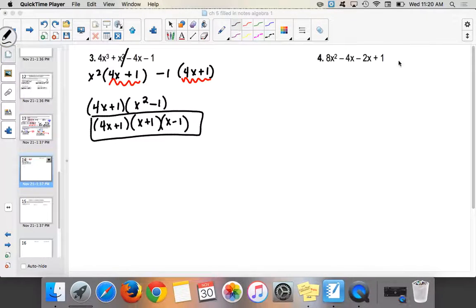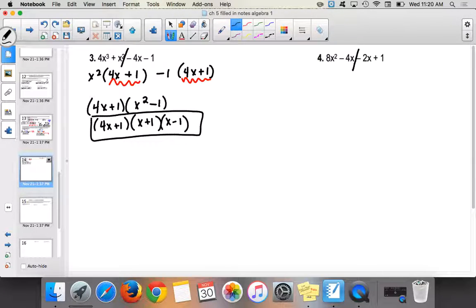All right, so if I have 8x squared minus 4x minus 2x plus 1, what I was saying is we split it down the middle, so go right in front of that sign, and momentarily we ignore this part right here. And we're like, well, what's the GCF if I only had 8x squared minus 4x? Do you guys see what the GCF would be there? The GCF would be 4x, right? For this side, we're going to pull out a 4x.